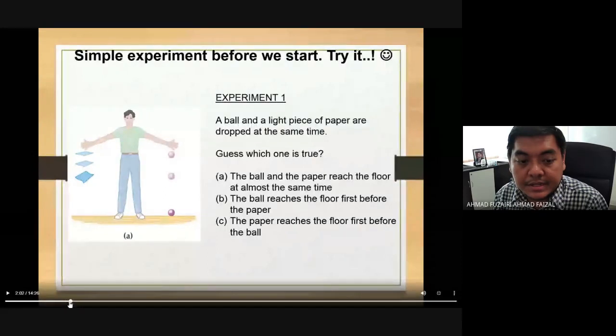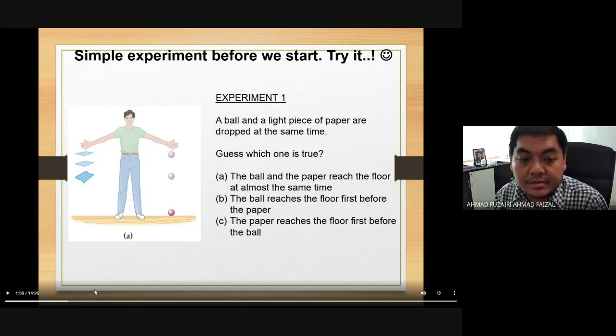So this is a simple experiment using a ball and a light piece of paper dropped at the same time. The answer is the ball reached the floor first before the paper. Why? Because of the air resistance.